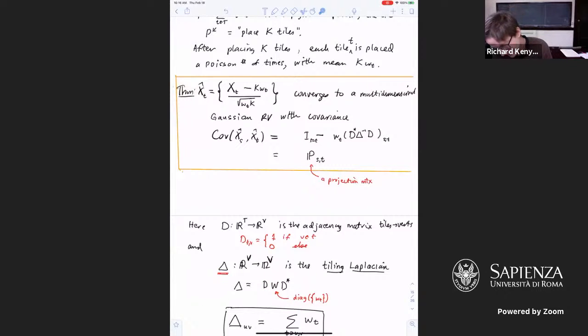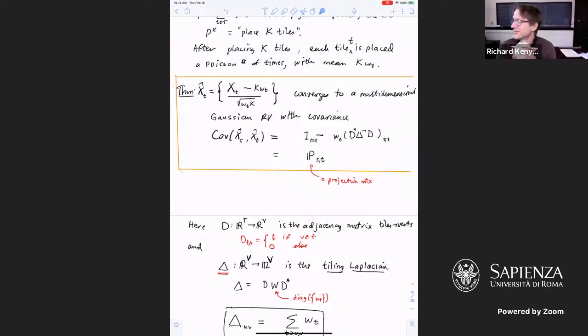So the Laplacian is an operator on the space of vertices of the graph. This is the graph downstairs, the small graph, and we call that the tiling Laplacian. It's very similar to the standard graph Laplacian.